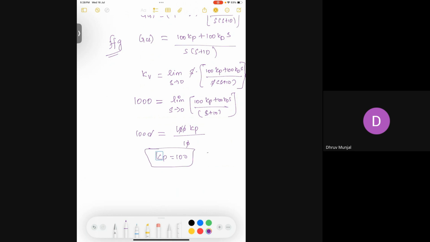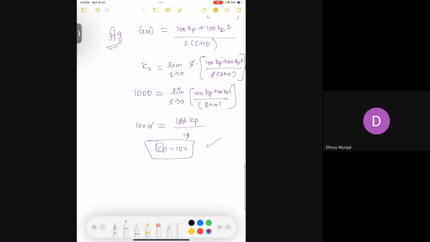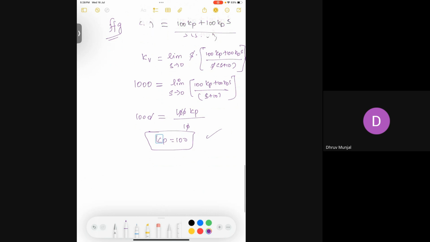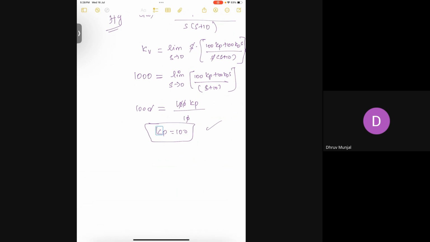Right? We found one variable. We are left with another variable, that is Kd. So using the other information that is given, zeta, we can find the next equation. So how will zeta and this information be connected? It is using the characteristic equation, because when compared to the standard definition s square plus 2 zeta omega n s plus omega n square, you have a zeta here.